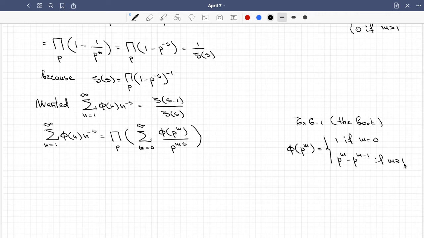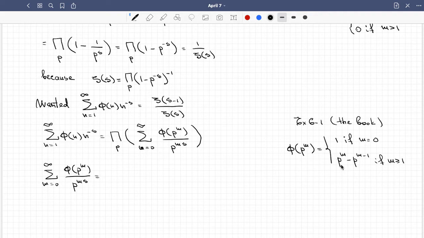Thus, let us try to calculate the sum from 0 to infinity of phi of p to the m divided by p to the power ms. It is equal to, we have to single out the term with 1. This is not regular. For m equals 0, this expression will not give us the correct answer.